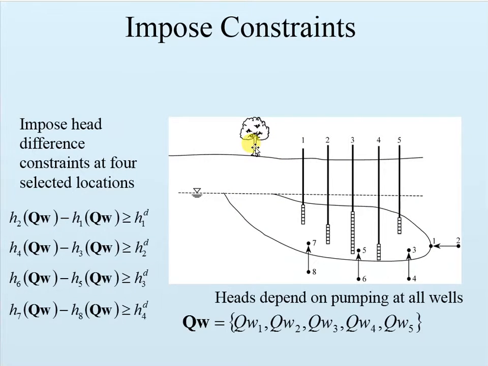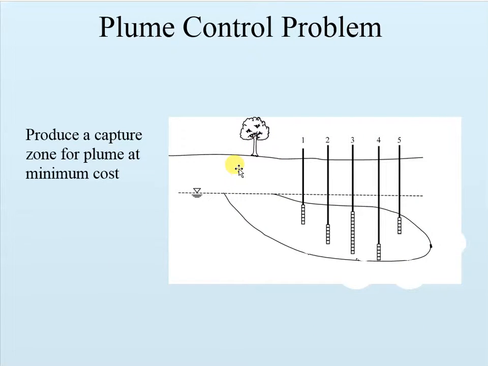So next we'll look at a problem in which we will use these constraints, and this is a capture zone problem. Here we have a plume of contaminant indicated by this outline, and we have 5 wells, and we'd like to pump those wells in such a way as to produce a capture zone to capture the plume, and we want to do this at minimum cost.